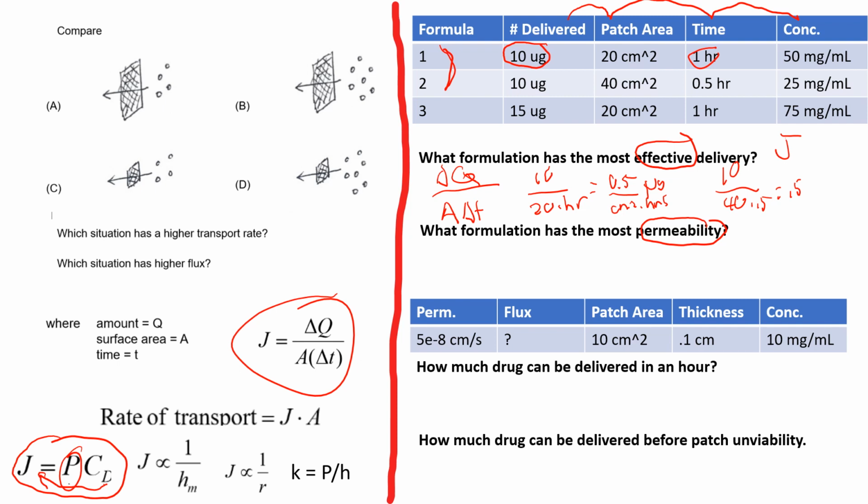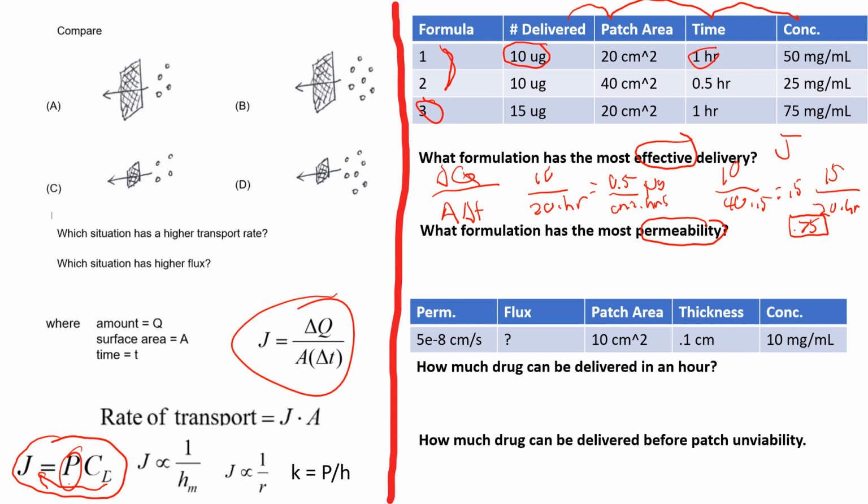We have 15 divided by 20 times 1 hour. So 15 divided by 20, and then 1 hour. We actually get 0.75. So you can see for this one, the most effective flux is number 3.